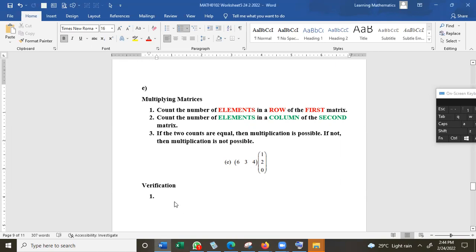So there are 3 elements in the row of the first, and there are 3 elements in the column of the second.